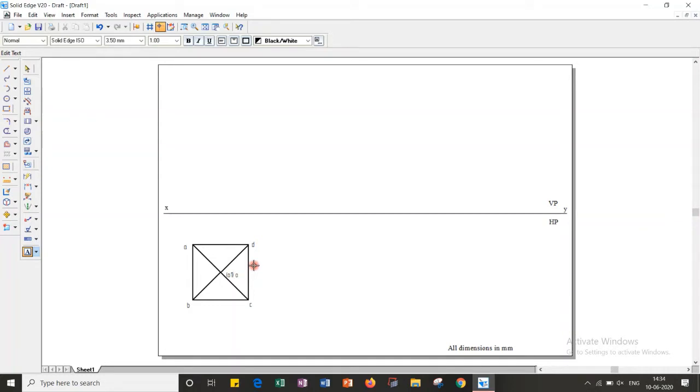O is the apex. Here the apex is visible, so we'll write it outside the bracket. And since A, B, C, D represent base corners, we'll use the prefix 1 to mark all the base corners. So here A1, B1, C1, D1 are base corners, O1 is the center of the base, and O is the apex.